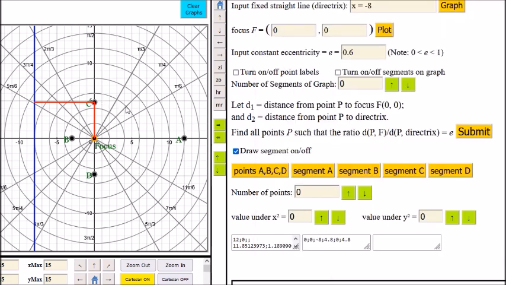We want to find all points such that the ratio of the distance from the point to F divided by the distance from the point to the directrix is equal to 0.6. And here we found 4 points, and here the rest of them.